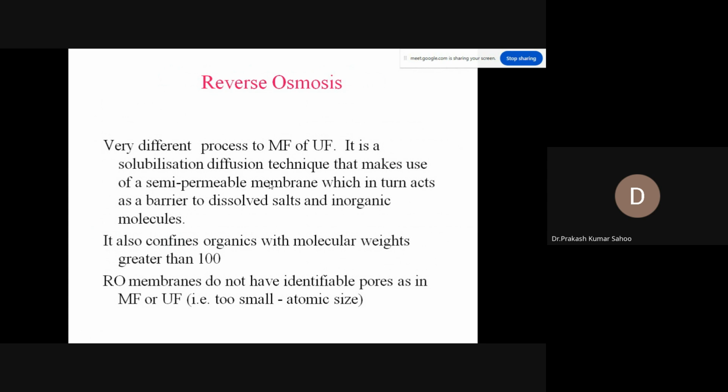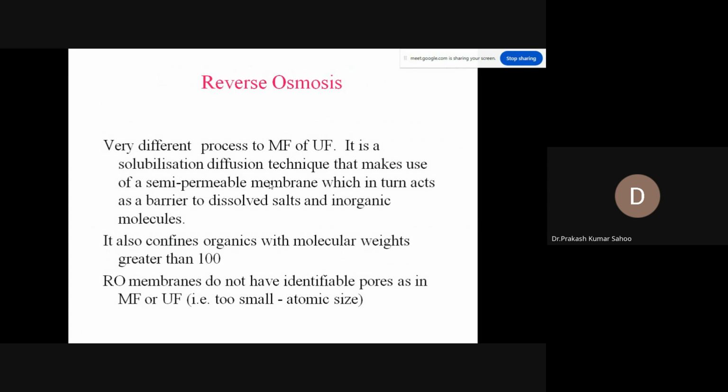So what is reverse osmosis? It is the reverse of osmosis. That means it is the movement of solvent particles from higher concentration to lower concentration through a semi-permeable membrane. The semi-permeable membrane is one of the vital aspects of a reverse osmosis process.